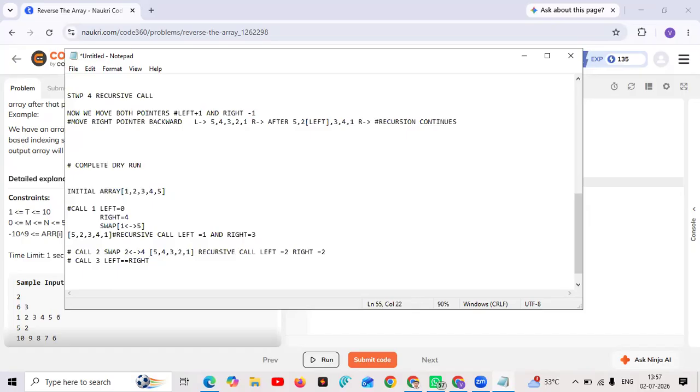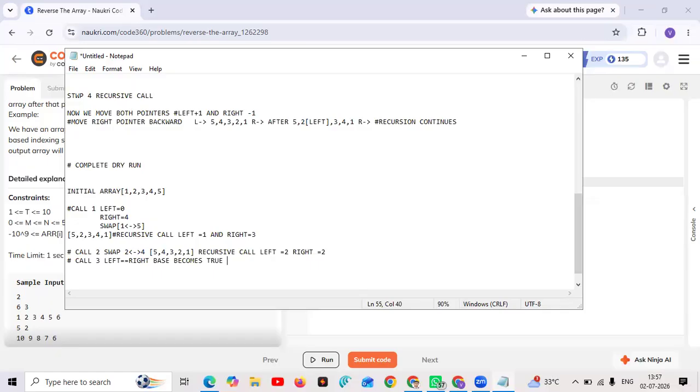As I said, we have to implement a condition to avoid time limit exceeded, because recursion will call itself and go deeper inside, and that would be a never ending loop and you will get a time limit exceeded.